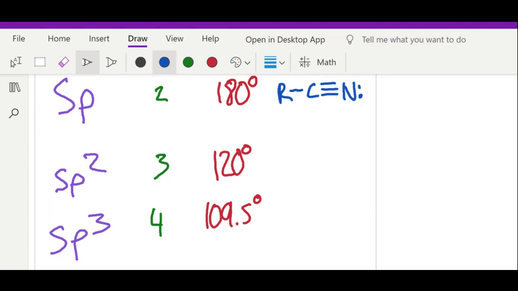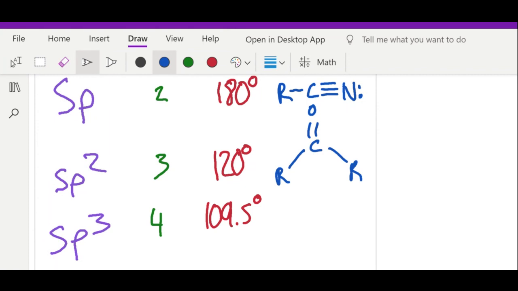Okay, I'm gonna speed it up because hopefully this should be a review. So we have a carbon there, R group there, R group there, and then a carbonyl on top. Okay, this carbon is sp2 because it has 1, 2, 3 electron domains.